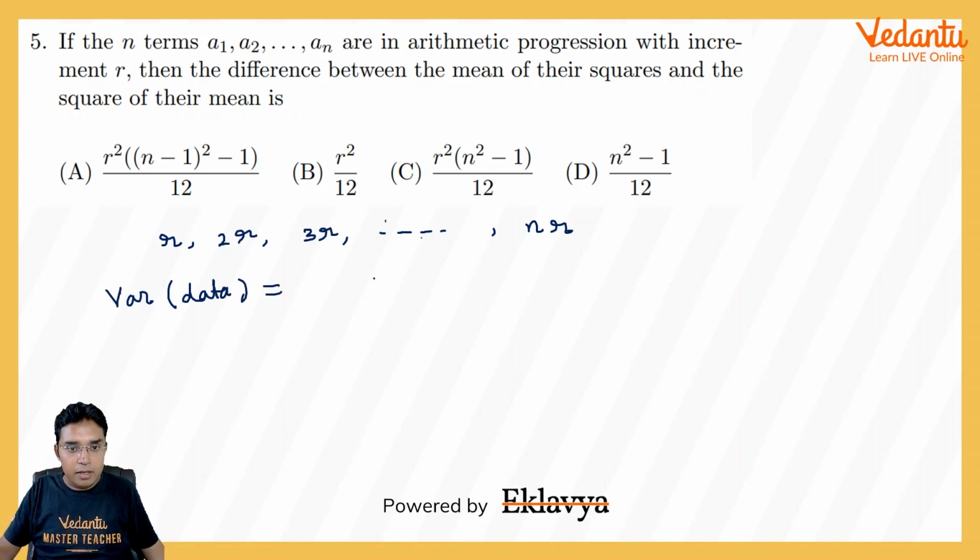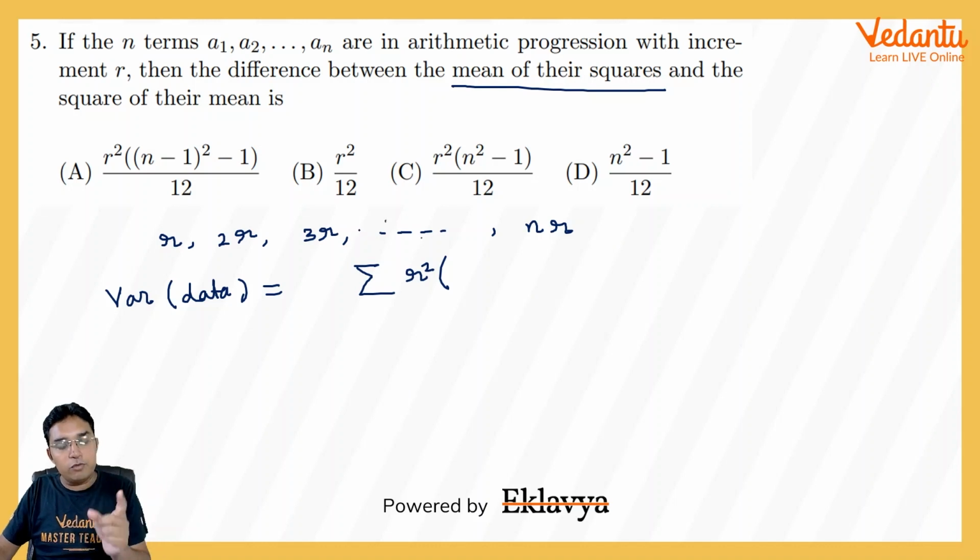will be, we can write this as the mean of their squares. Mean of their squares means you can add their squares by taking R square common, and then it is just the sum of squares of first n natural numbers, which would be n into n plus 1 into 2n plus 1.